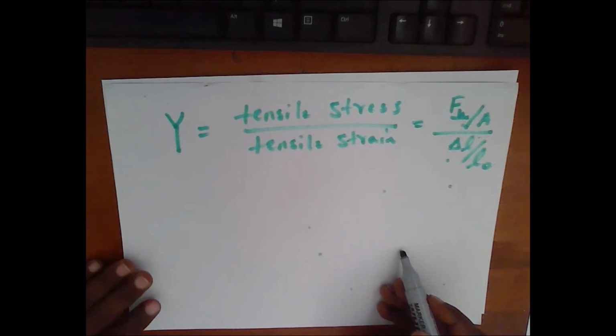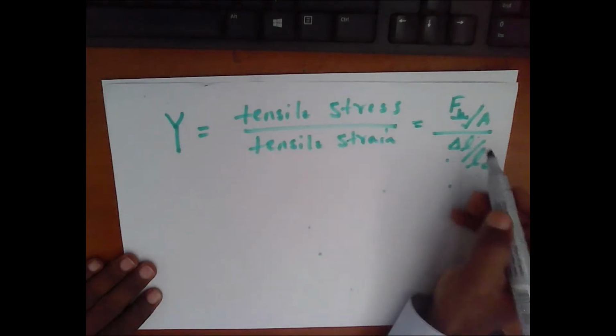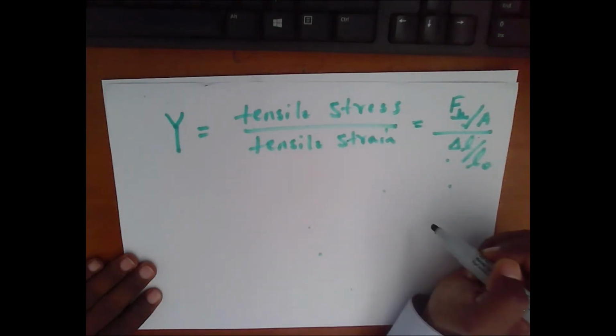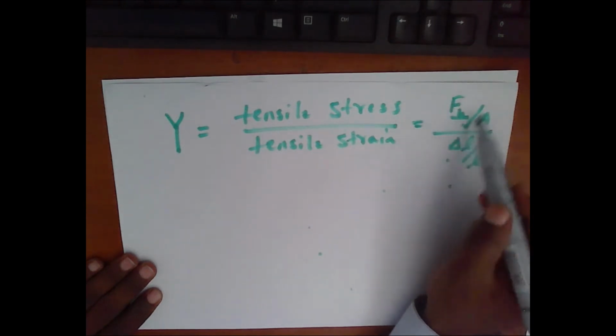So to proceed with this, we need to find the change in length. Therefore, multiplying both sides by change in length over the original length, finally we'll get the force.